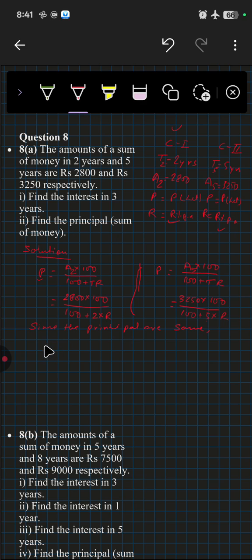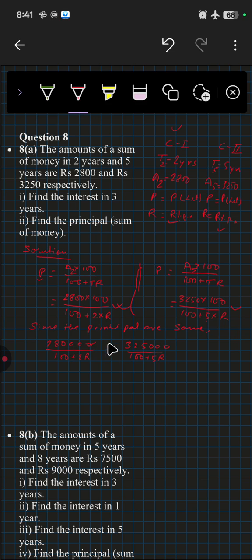So this 2800 into 100 whole upon 100 plus 2R will be equal to 3250 into 100 whole upon 100 plus 5R.